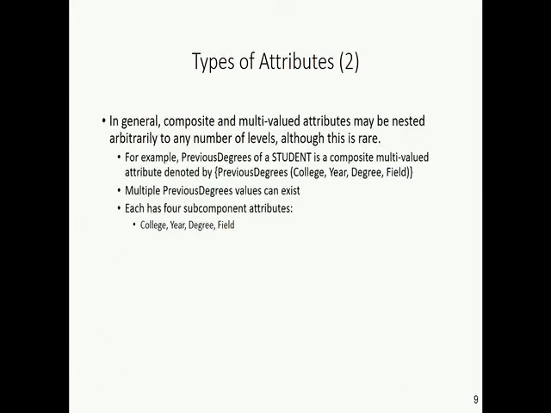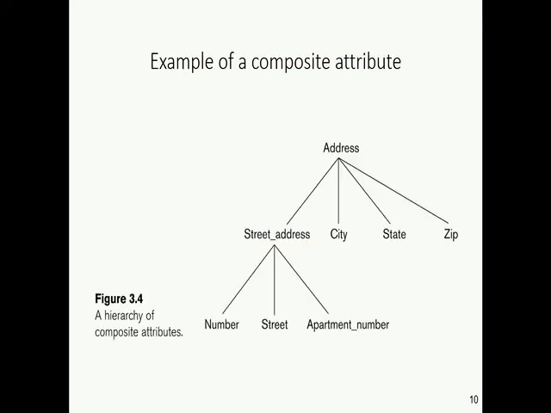In general, our composite and multi-valued attributes may be nested arbitrarily to any number of levels, as we talked about. So you could have previous degrees being multi-valued, but each one of those is made up of college, year, degree, and field. So as we said, multiple previous degrees can exist, and each one has the four attributes associated with it.